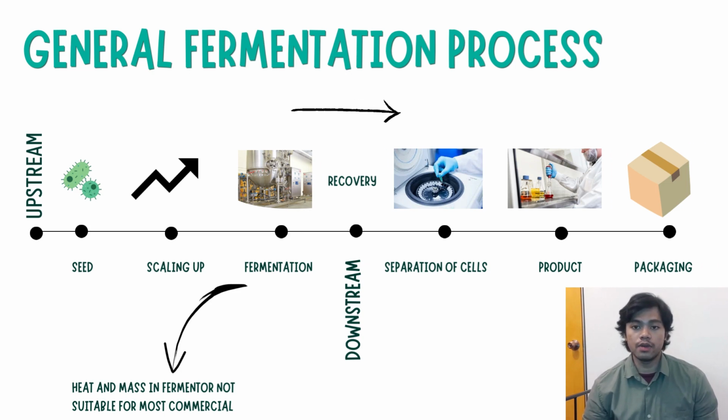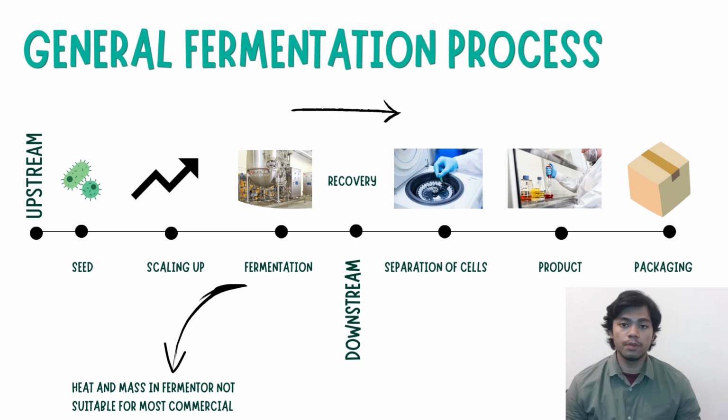So we need to harvest the cells, followed by some kind of separation method, and then we get the product that we need. But before packaging, it needs to go through several methods like purification, polishing, and quality control to make sure the product is functional. And lastly, it will be packaged and delivered to the proper places.